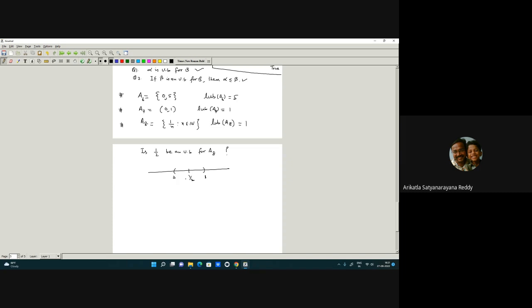Is 1/2 the least upper bound for A7, open interval 0, 1? No sir. Why is 1/2 not a least upper bound for A7? सर क्योंकि 1/2 और 1 का अरिथमेटिक मीन 1/2 से बड़ा होगा और वो सेट में बिलोंग करेगा.